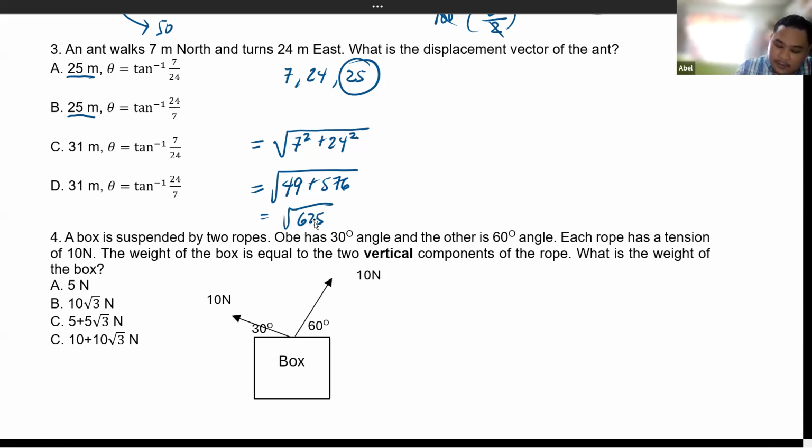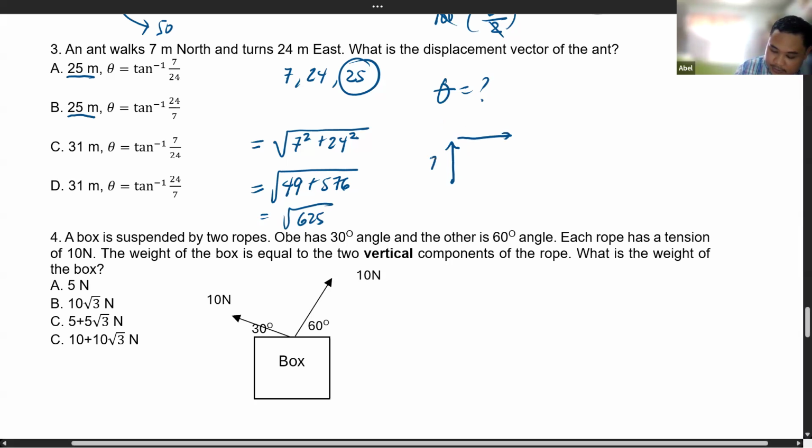Okay, now how about the theta? If you look here, the ant walks 7 meters north and then turns 24 meters east. So this is 7 and then this is 24.